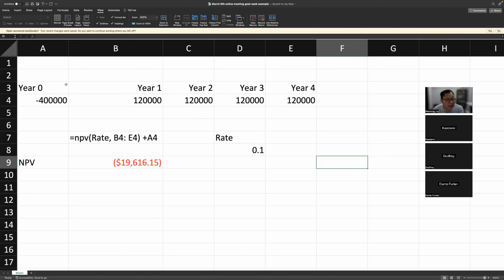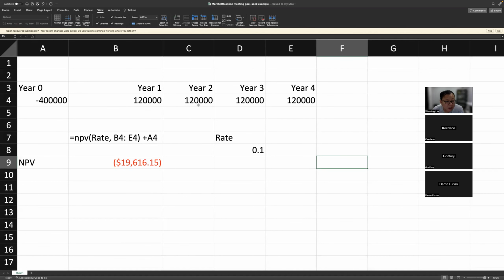Year 0 would be your initial investment cost, so that's negative. I use a minus number because this is a cash outflow. You have to pay this minus $400,000. And with that, you expect to receive 120,000 for 4 years, so year 1, year 2, year 3, year 4, each year 120,000.